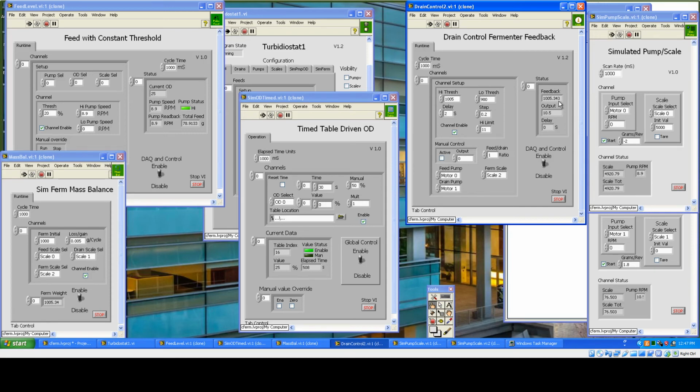There we go, we're coming back down. There we reset, and we're coming back up. And this will continue as long as we're feeding.